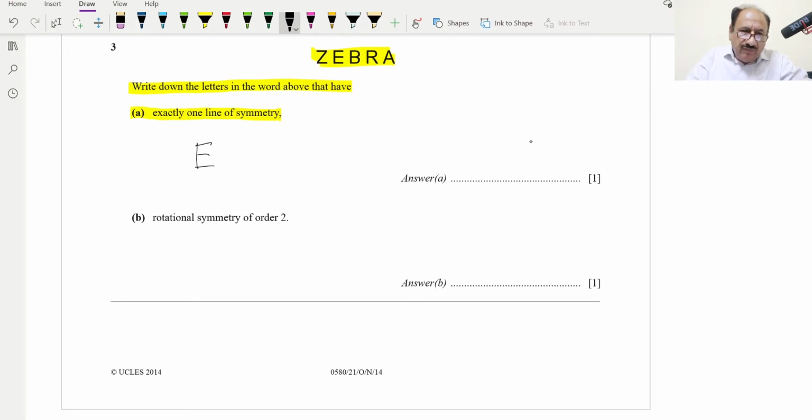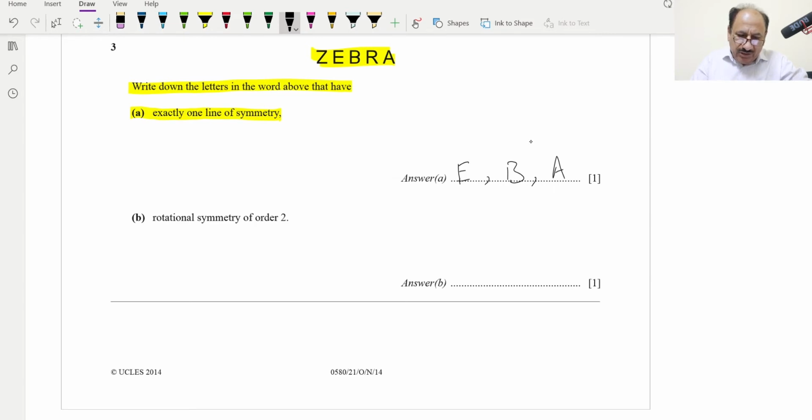Similarly, B also has only one line of symmetry, and A also has only one line of symmetry. So the letters E, B and A have only one line of symmetry.